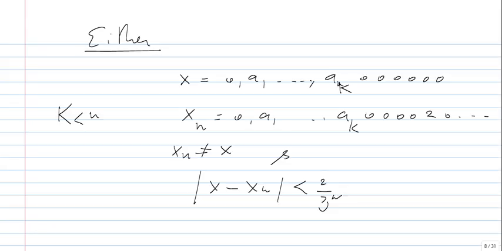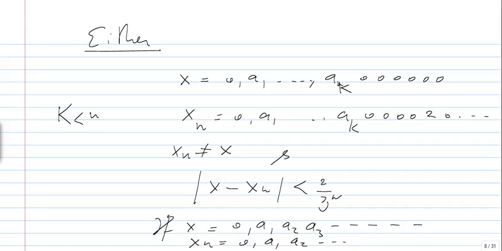And otherwise, if x is equal to 0, point a1, a2, and it never stops, then it's enough to take just a1, a2, ..., an, 0, 0, 0, and then you have the same argument that x minus x_n is less than 2 over 3 to the power n.